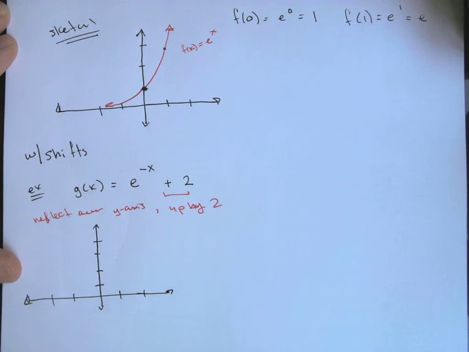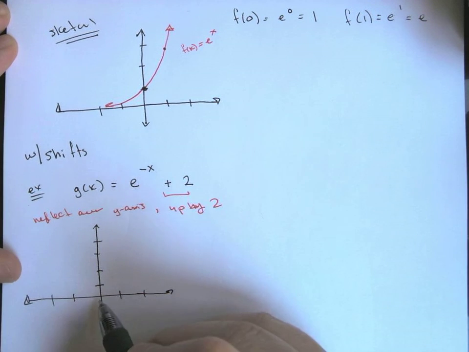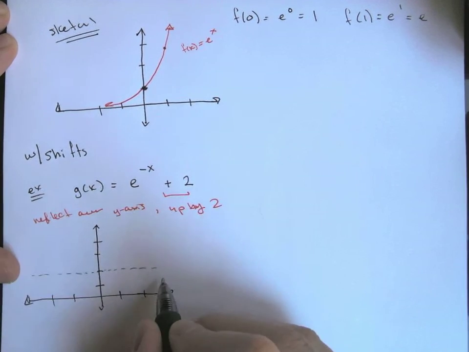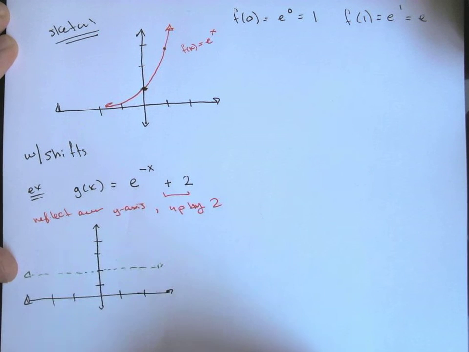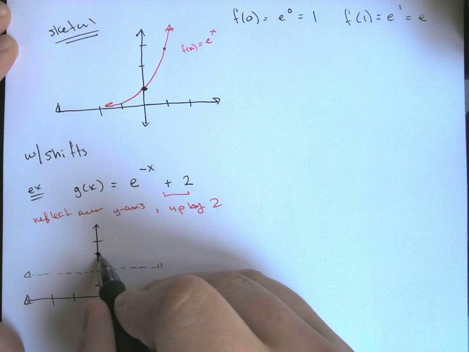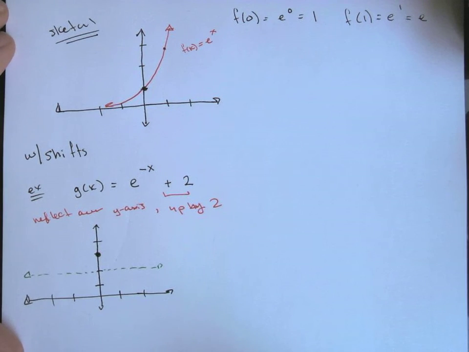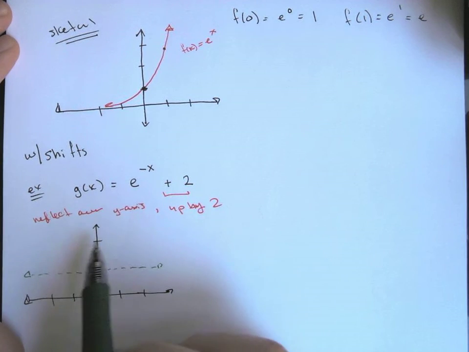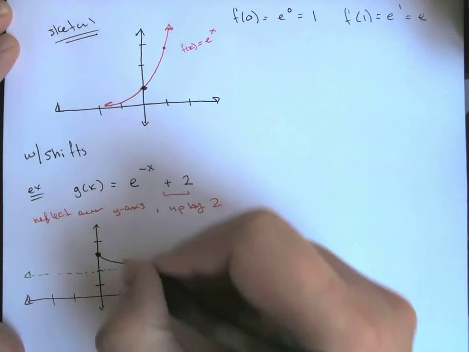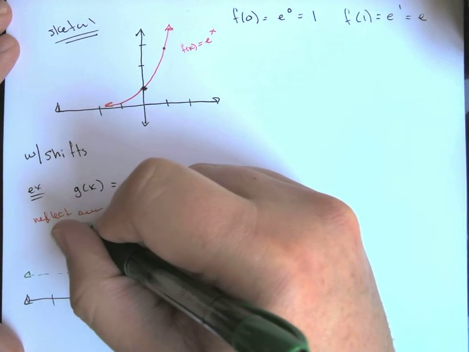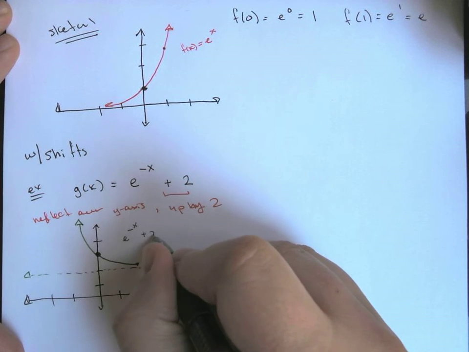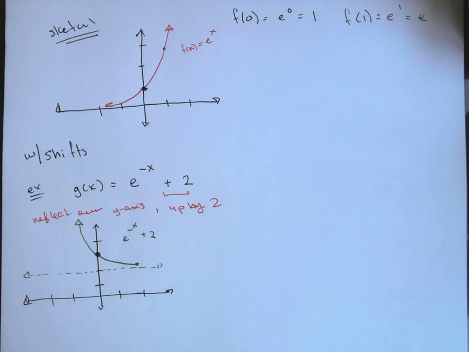Everything shifts up by 2, so now our new asymptote is at 2. What would have been 0, 1 is now 0, 3. We're not moving left or right. And since we're flipping left to right over the y-axis, I'm dropping to the right and rising to the left. So that would be for us e to the negative x with a plus 2 on the end.